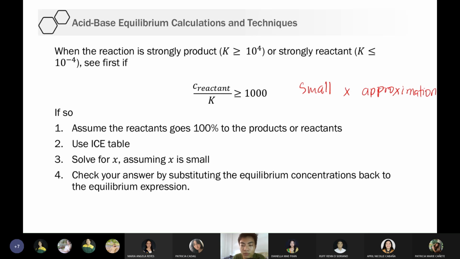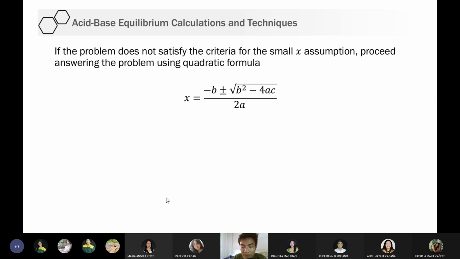So if your problem is compatible with this technique, we no longer need the quadratic equation, which makes our life easier. I'll show you an example of how to use the small x approximation, because those words are just theory. But as stated here, if your problem does not meet our criteria for the small x approximation, then you have no choice but to use the quadratic equation.